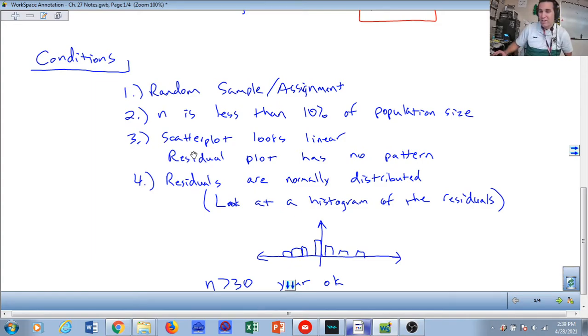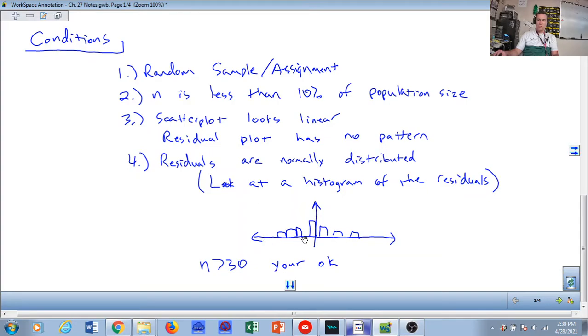You had to look at the scatter plot and say it looks like a line pattern. You're still doing that same thing. You're saying, hey, it looks like a line. The dots look like they're a linear pattern. Okay, and the residual has no pattern, which means linear model is a good fit. So that's just sort of what we did way back then. They have this new one about residuals being normally distributed. That's a new one. Okay, but there are your conditions. Everything else is the same, you guys.